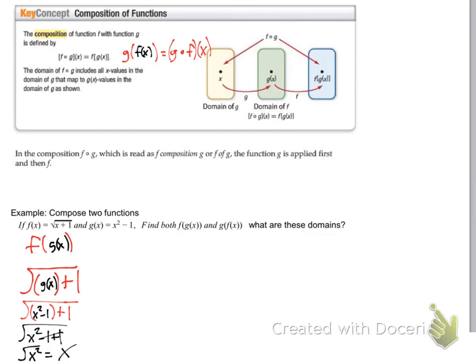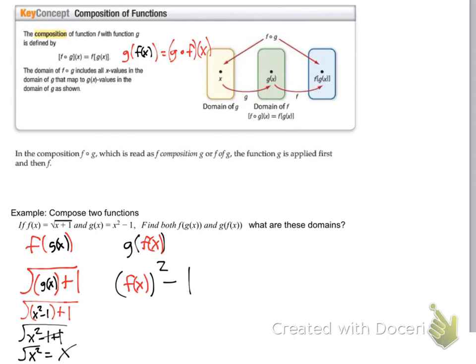Interesting. Now, what happens if I take g of f of x? Which means I have something squared minus 1, yeah? Ripping out the x, what goes in there? f of x.